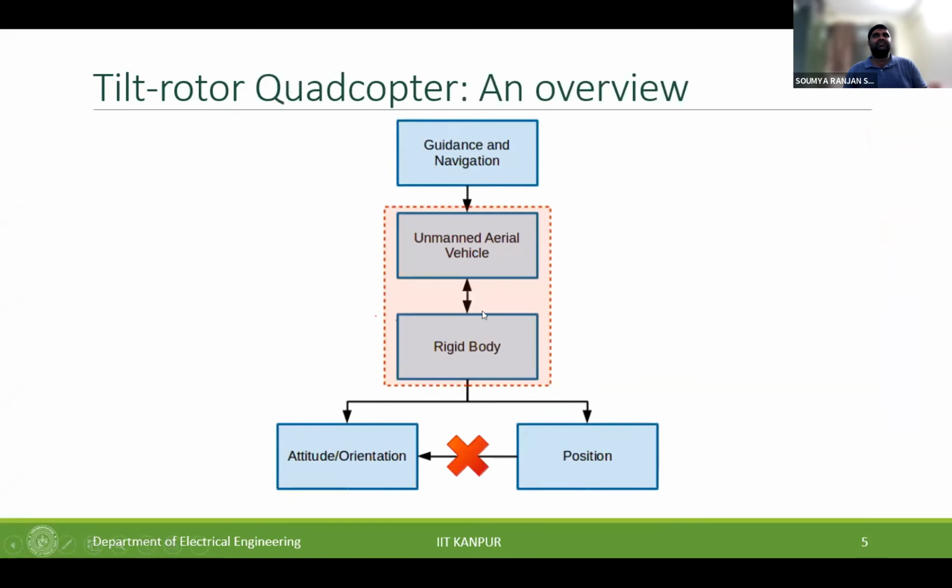So the change in this flow is that the position and the attitude are decoupled, and depending on the maximum thrust that these rotors can generate, there is a range of attitude up to which the position and attitude can be decoupled, after which they again start having this coupling effect. So our entire approach is based on the range where it can be decoupled.